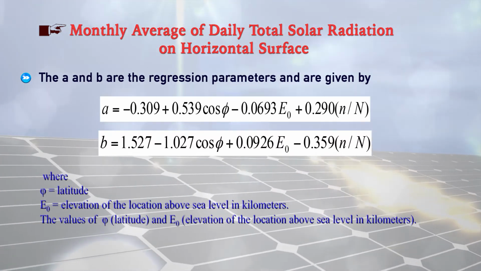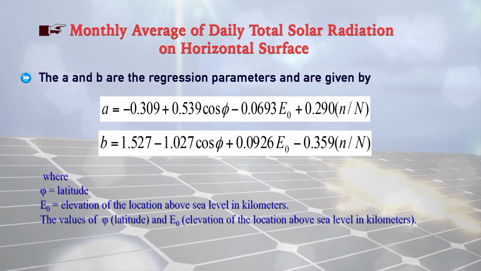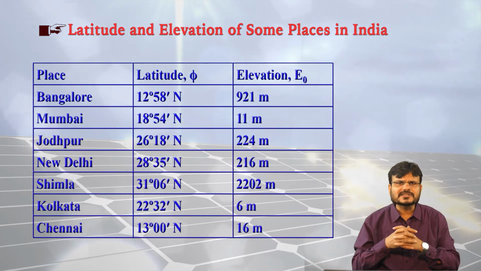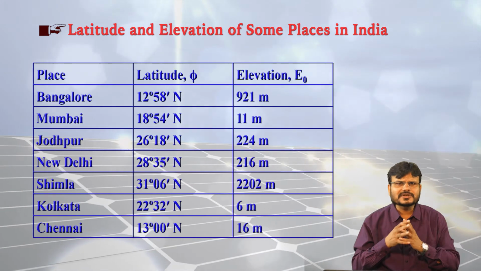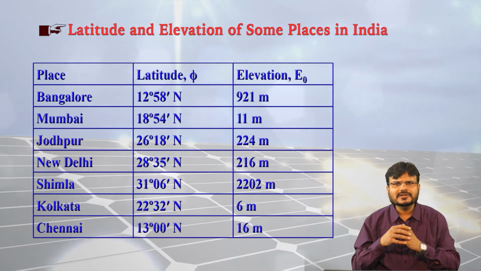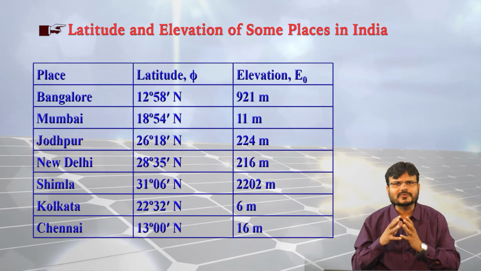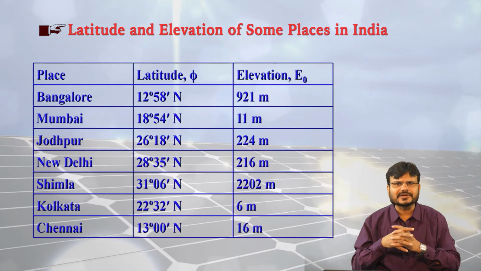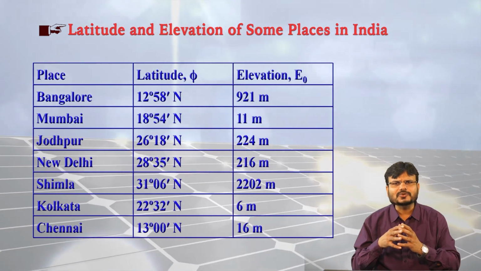The values of the latitude, that is phi, and E naught, the elevation of the location above sea level in kilometers, are shown in this table for some places in India. The latitude for Bangalore is 12 degree 59 minute and the elevation is 921 meter. For Mumbai, the latitude is 18 degree 54 minute north and the elevation is 11 meter. For Jodhpur, the latitude is 26 degree 18 minute north and the elevation is 224 meter.